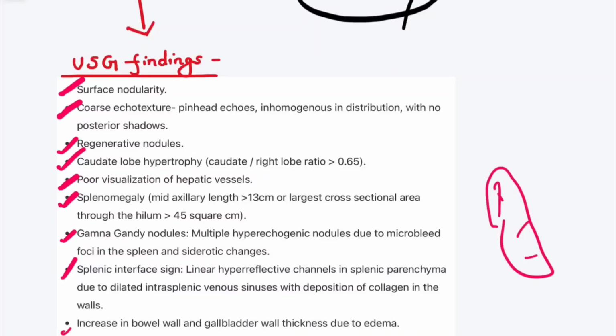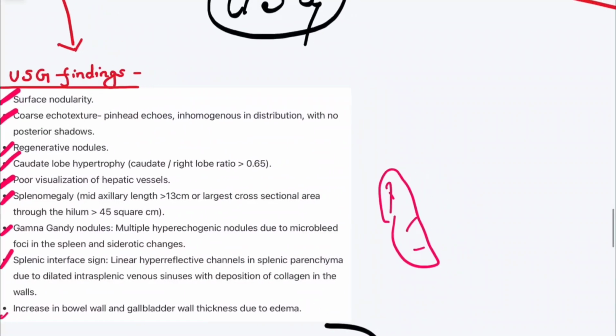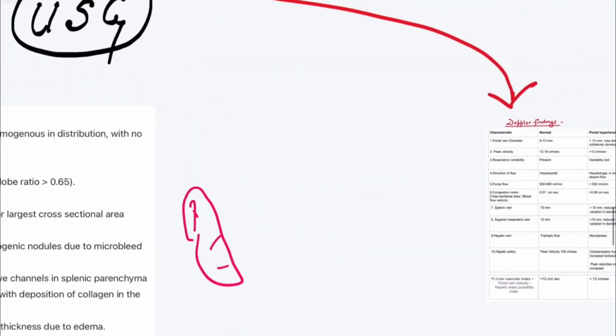There is increase in the bowel wall thickness, and gallbladder wall edema. These are all the findings due to both the morphological changes and portal hypertension.